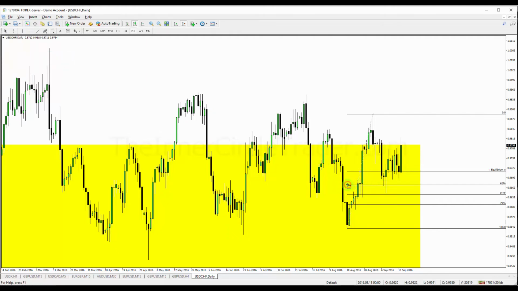The 62 to 79% retracement level in that area right there, that's the deep discount that we look for in bullish conditions, and that's why Fibonacci 62 to 79% retracement levels work. Any other time, Fibonacci is going to fail you all the time. It's the foundations behind price action that cause these indicators to work sometimes.